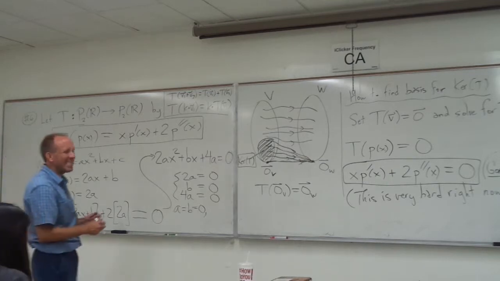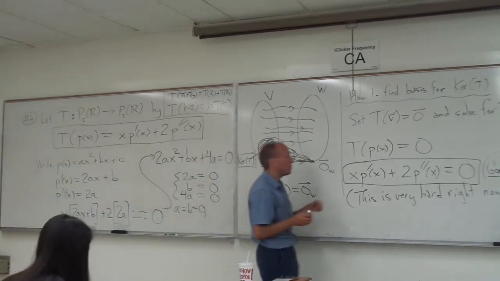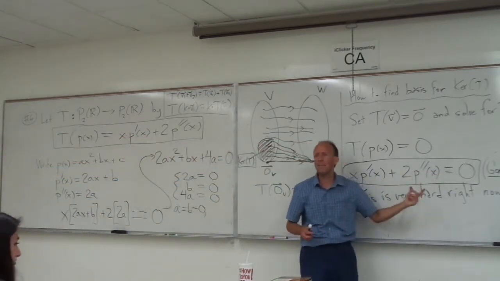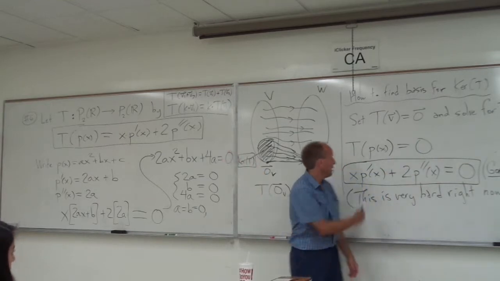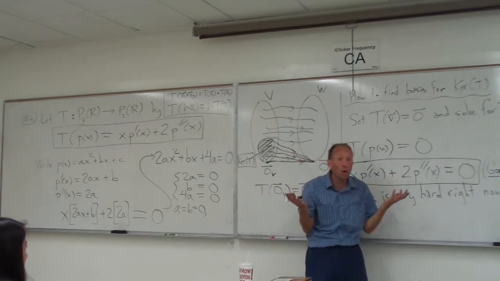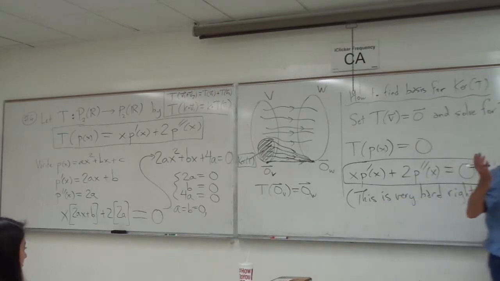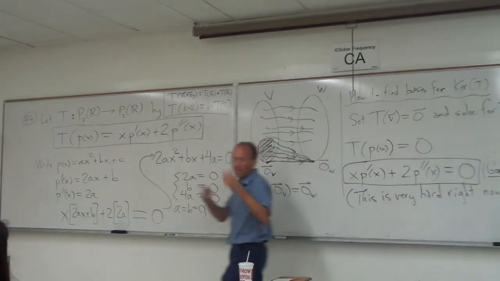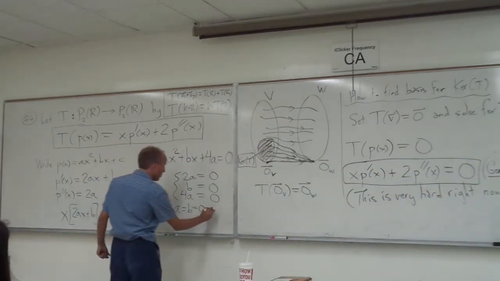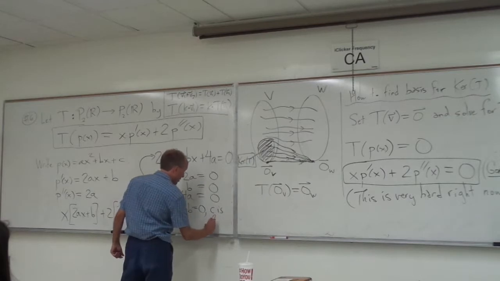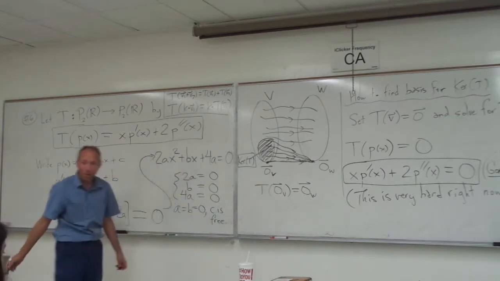It kind of makes sense that c can be anything, because when you differentiate it either once or twice, it goes away. So in this expression, when you transform your polynomial, who cares what the constant term is? It's going to get crushed anyway by the derivatives. So c is like a free variable. You could change it to a t if you wanted to, but I'll just leave it as a c.